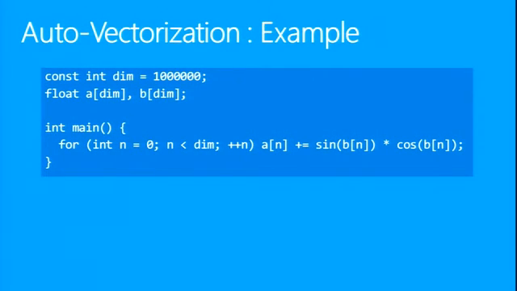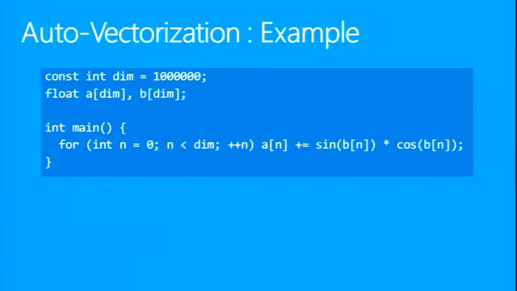So let's look at an example of autovectorization in action. Again, very simple example. We have an integer const, which is set to the value 1 million. I've called it dim, meaning the dimension of the arrays that we're about to use, and then declared 2 arrays, A and B, each with 1 million elements. In the main program, we have just one simple loop.